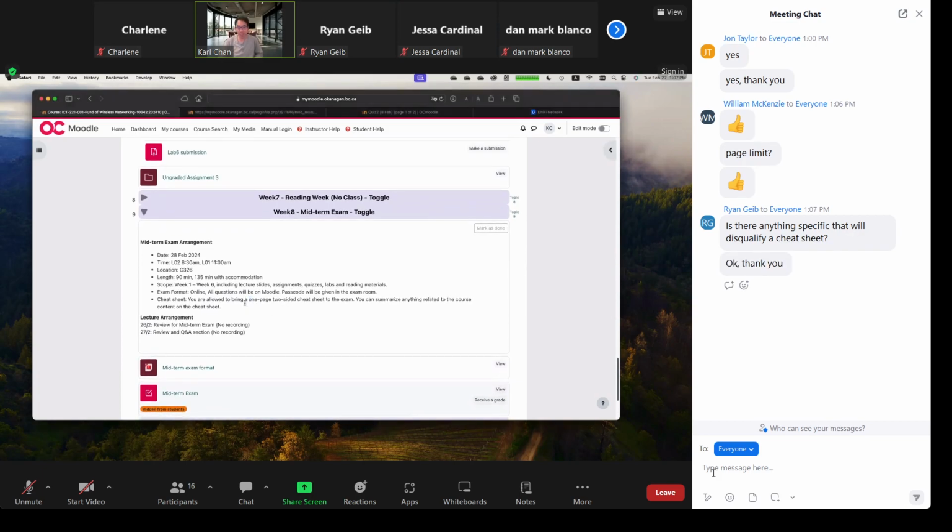Anything you can bring is fine. The only thing that would disqualify the cheat sheet is going over the limit. Don't go over the limit. Any questions related to the content? No questions.